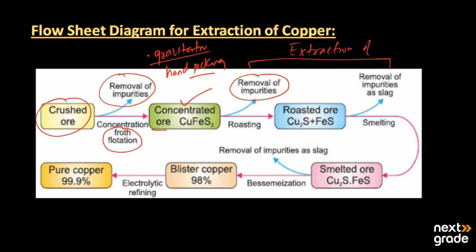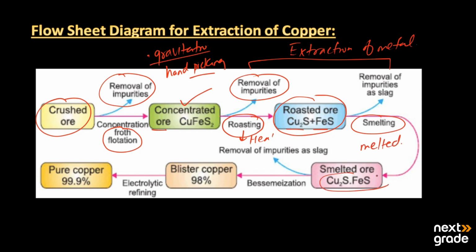Now, the extraction of metals is done in three basic steps. The first one is roasting, in which the ore has to be heated. After we gain the roasted ore, which contains sulfides of the metals, it passes through the smelting process, in which the ore is melted, and we gain the smelted ore in the form of sulfides, and the impurities are removed in the form of slag.